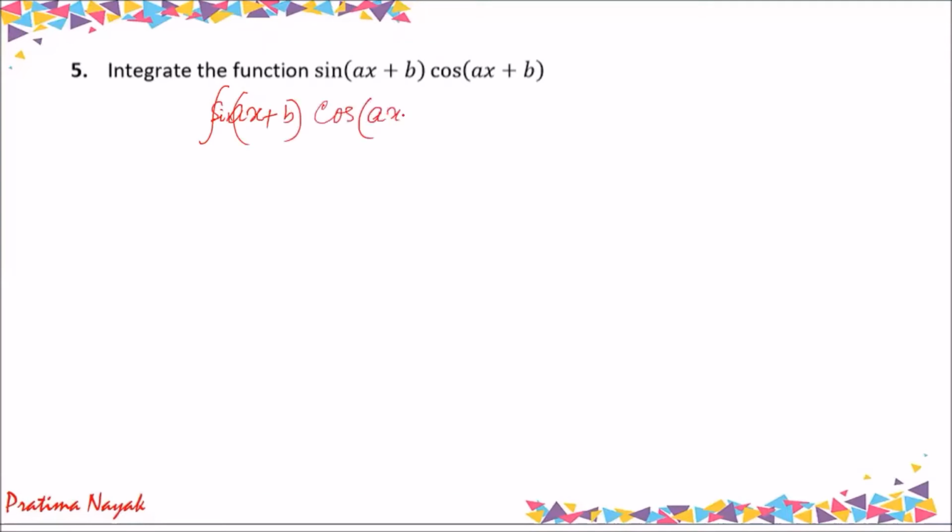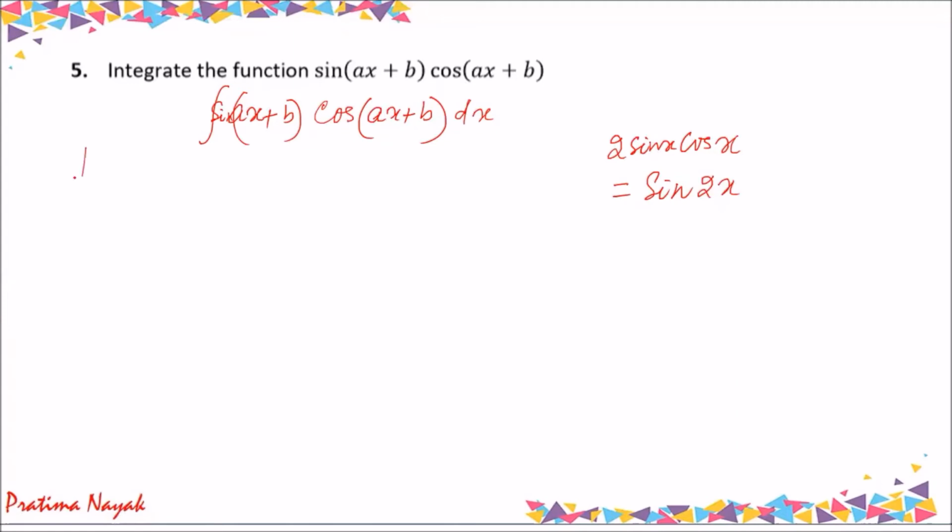You can take sine x as t, or I'm multiplying 2 here to make 2 sine x cos x, which will be your sine 2x. It will be converted to one function.